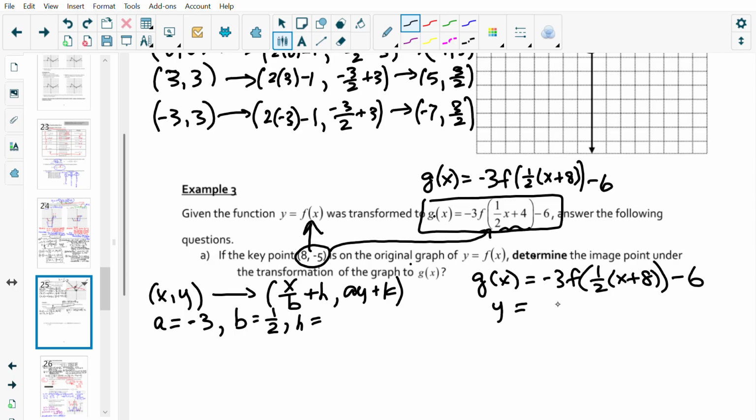General transformation model is, I'm going to write it with everything on the right side, isolated from the y. So y equals a f of b times x minus h plus k. Now that we see it that way, a is -3, b is 1/2. My h value is -8, and my k value is -6.